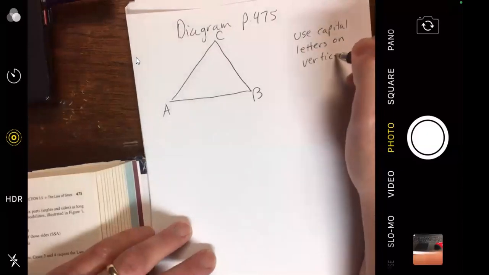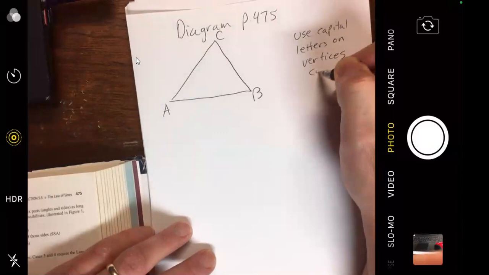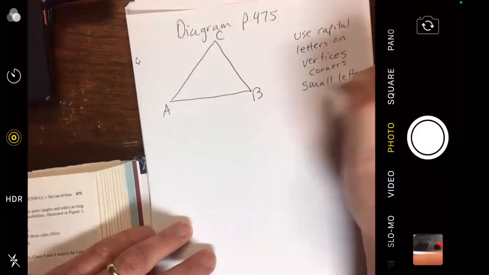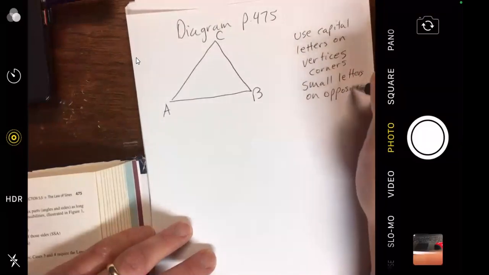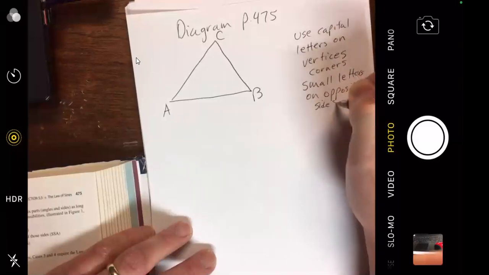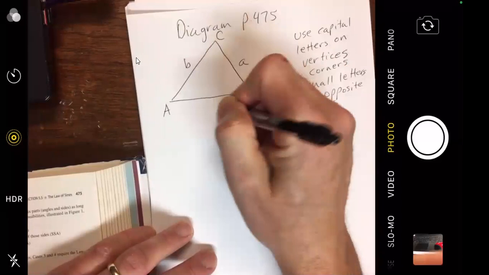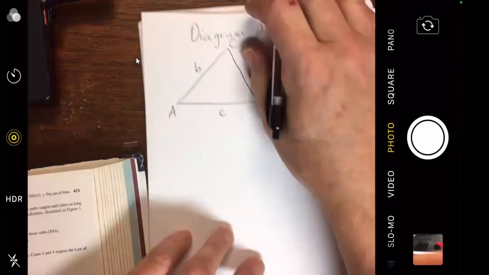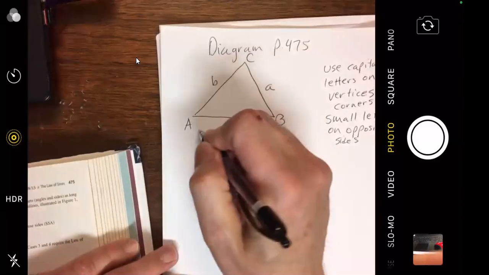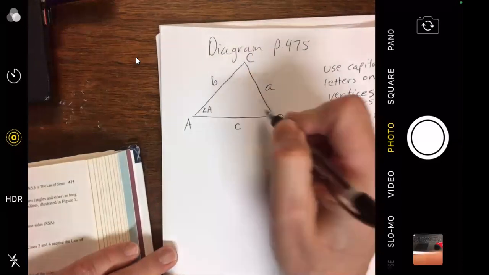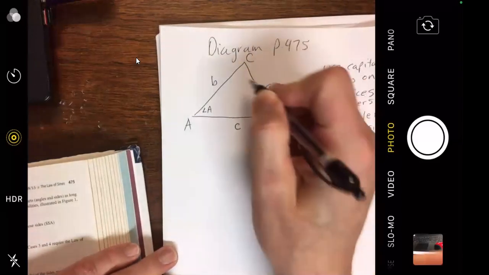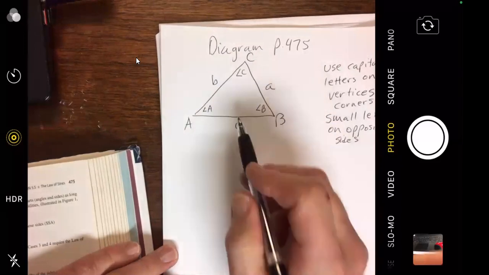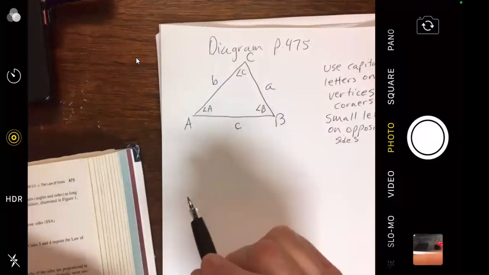So, corners. And small letters on their opposite sides. A little a here, a little b here, and a little c. The c's I have to be careful about. They tend to look identical, so if I get sloppy with the size of them, you can get them confused. So this is angle A, this is angle B, and this is angle big C. And then the side lengths are small letters opposite the matching corner letters.